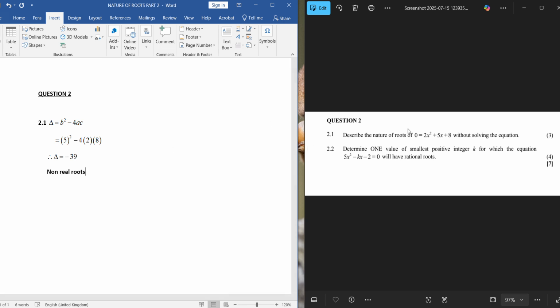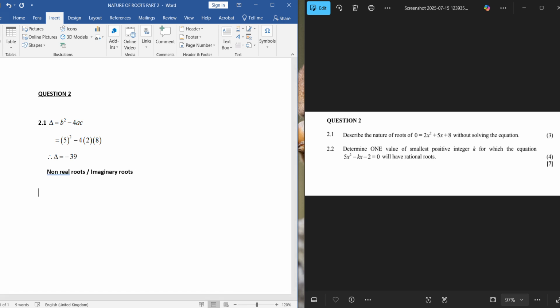Meaning that the roots are not going to exist. We are not going to get the solutions of x. The other word that we can use is imaginary roots. 1 mark for correct substitution, 1 mark for the value of delta, and 1 mark for describing the type of roots that we are going to get.